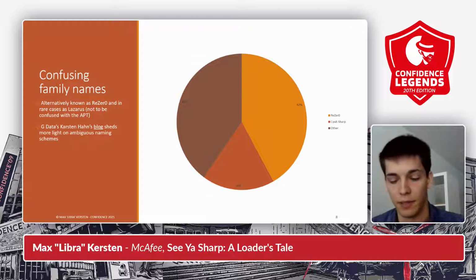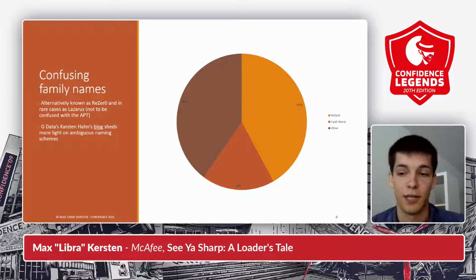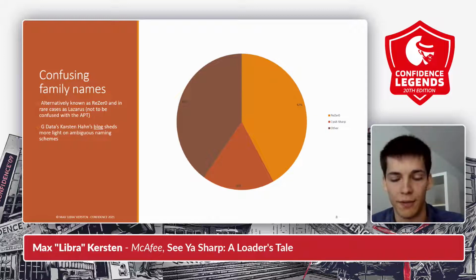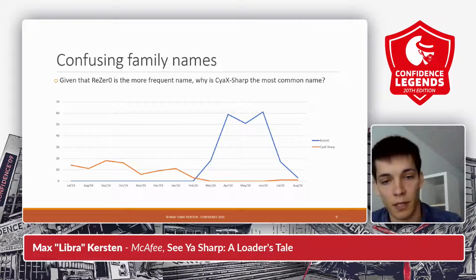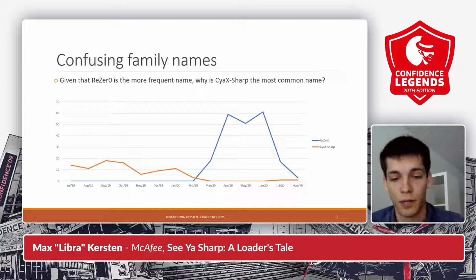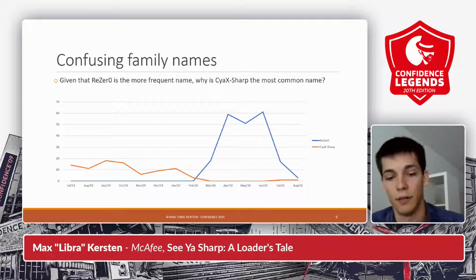42%, it's rather big compared to the much lesser used 18% of CyaX-Sharp. So logically, it would follow that if nearly half of the samples that I encountered were named ReZero, it would make more sense to come up with that name as a default name. So why isn't it? Well, if we look at the first seen date on VirusTotal, as is plotted on the horizontal axis, then we can see that the samples with the name ReZero only started emerging from February last year onwards.